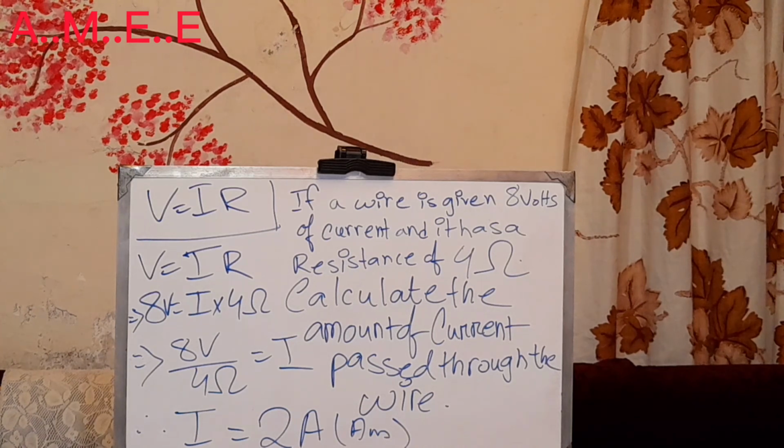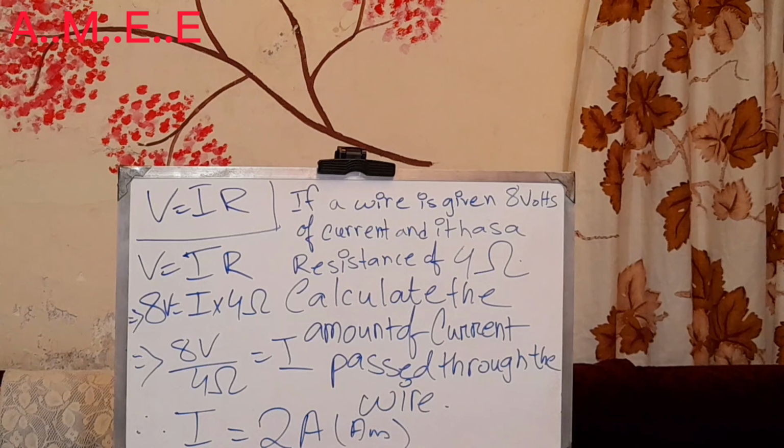So we put 8 instead of V in the next line, and the resistance is 4 ohms, so I times 4. For finding the value of I, we have to divide 8 by 4. So the value of I comes to 2.